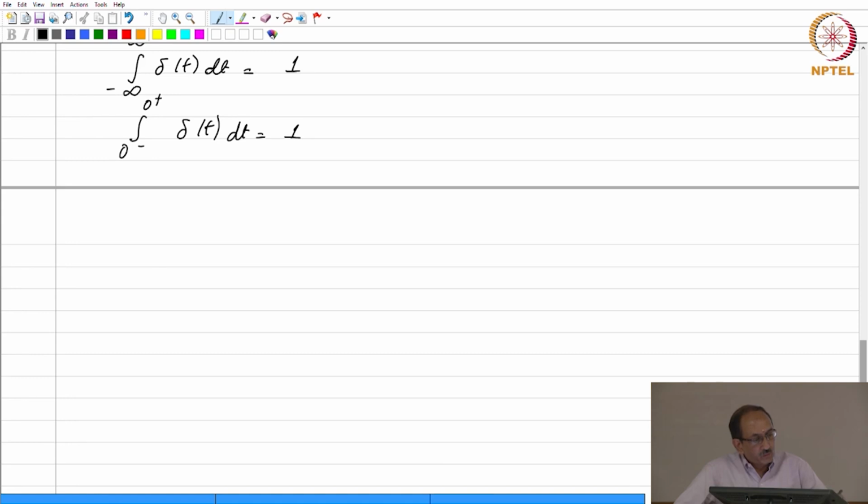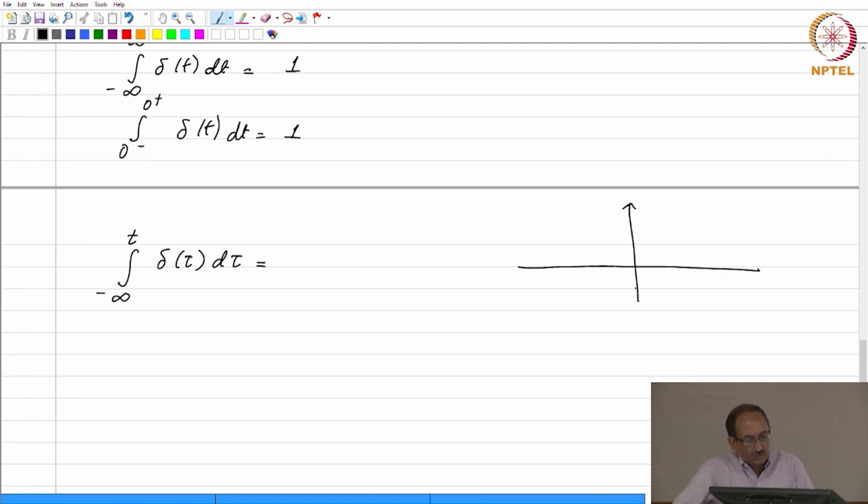And then what we do is we start to look at things like this: minus infinity to t delta of tau d tau. And the picture that we have in mind when we are doing this is we have this impulse sitting at the origin.